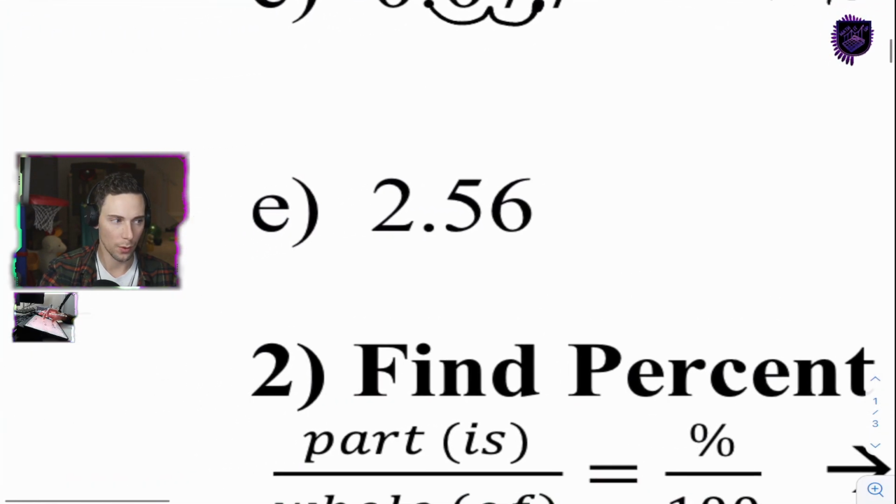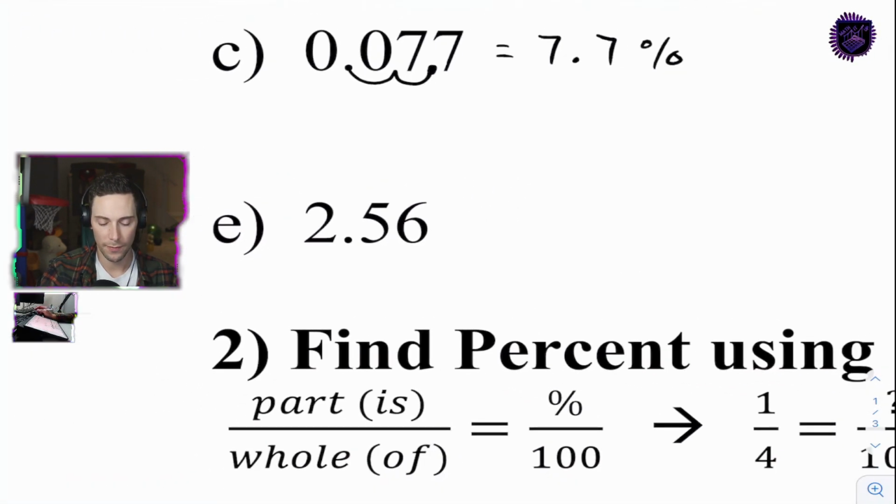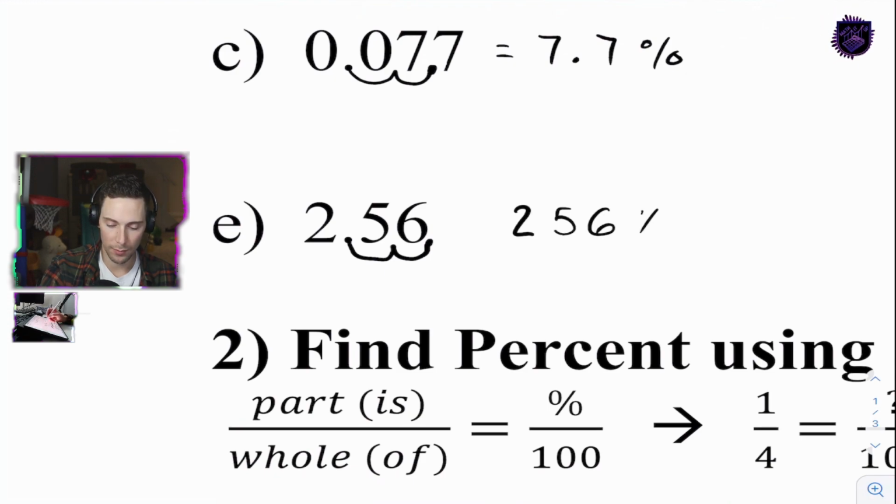Now, this one has a whole number, 2.56, 2 and 56 hundredths. So as a percent, when we move this decimal place over, it's going to be 256%.